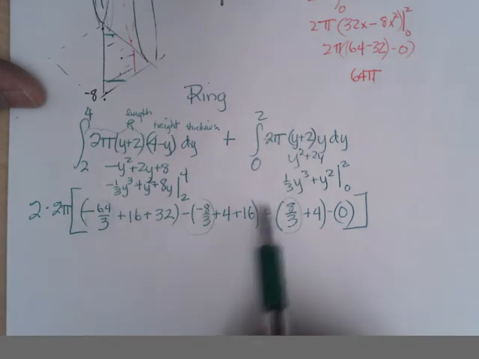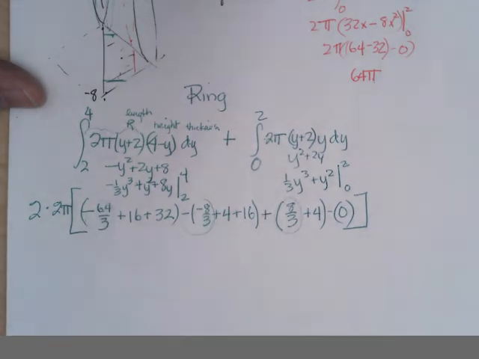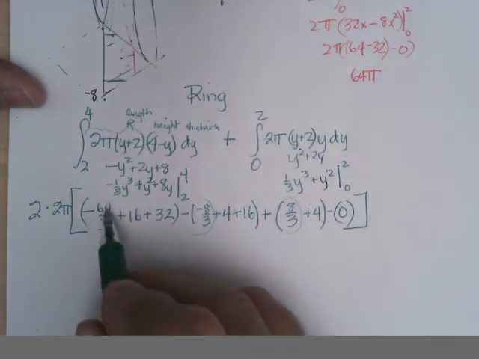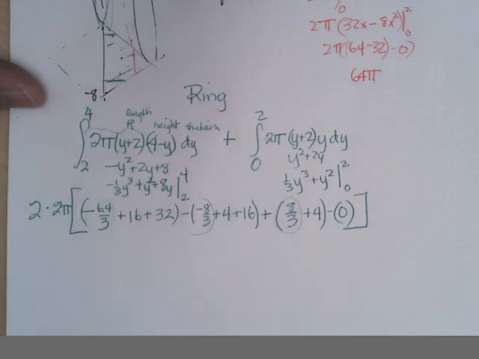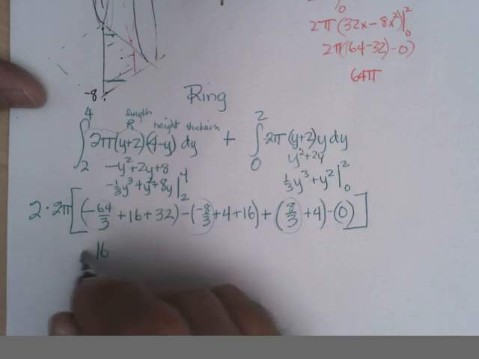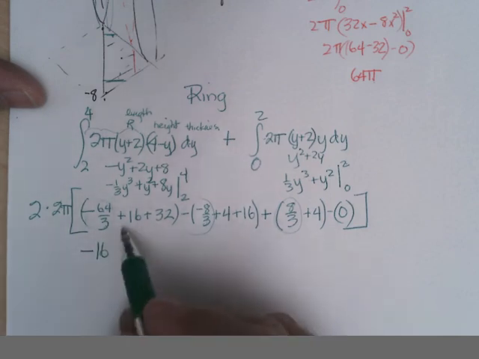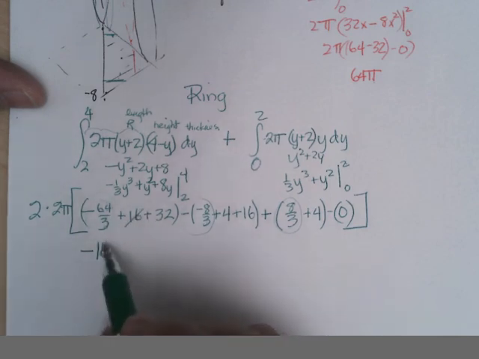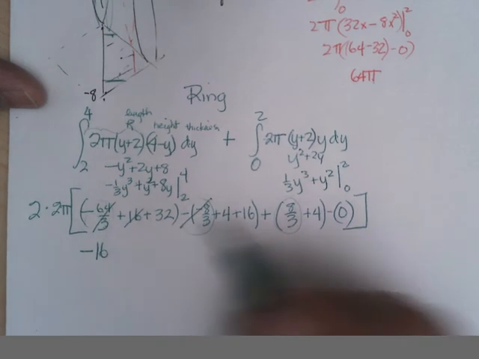So I've got 16 from 64 be 48 thirds. 48 divided by 3 is 16. So I have minus 16 plus 16. So this cancels that, that, and that.